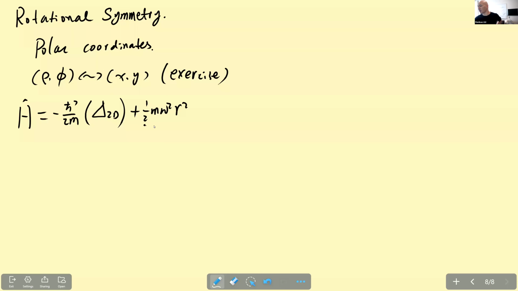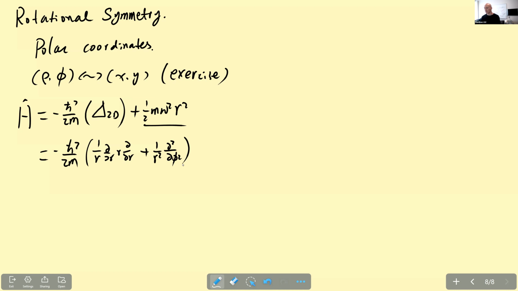So you can see that this potential only depends on the radial coordinate. Okay. This 2D Laplacian, I will not derive right here. I just write it down as 1/r partial_r (r partial_r) plus 1 over r squared partial_phi squared, okay, and plus 1/2 m omega squared r squared, okay.